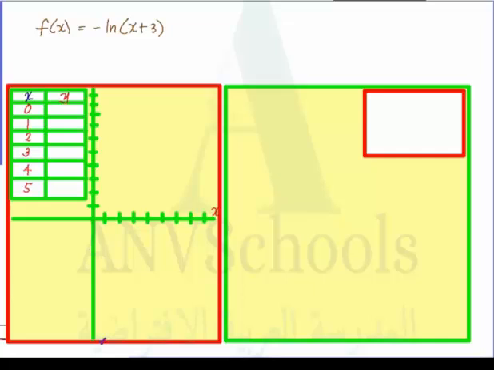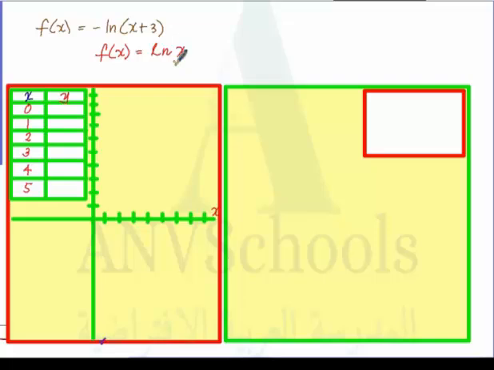So again, we begin with the parent function, and the parent function of this given function, f of x is equal to negative ln of x plus 3, will be f of x is equal to ln of x. So our parent function is f of x is equal to ln of x.